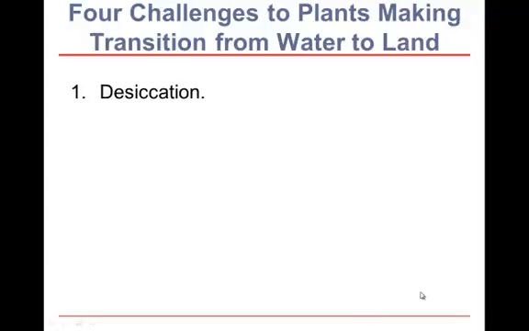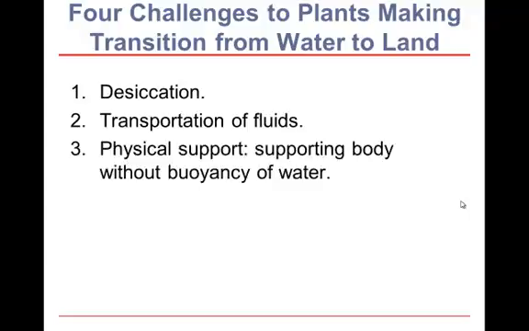Number one is the obvious one, desiccation, which is drying out. Notice the spelling of desiccation, one S, two C's. Transportation of fluids. A plant or an algae that lives in water has, each of its cells has access to whatever's dissolved in the water, but in the air, a terrestrial plant doesn't have that same advantage. It must have a more sophisticated internal transportation system. Also, physical buoyancy.